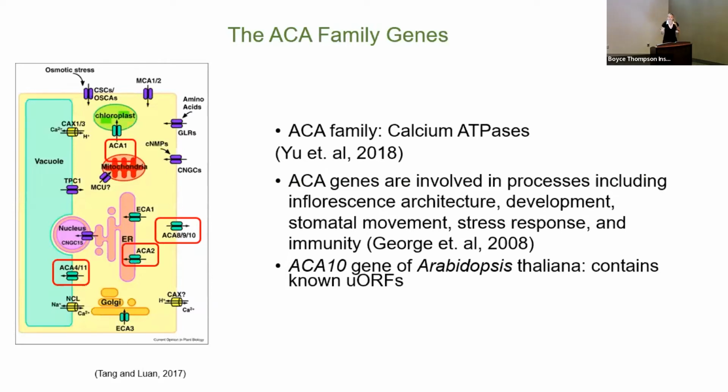They're localized in the vacuole, the endoplasmic reticulum, and the plasma membrane. The ACA10 gene of Arabidopsis, which is the gene I'm focused on in my research, is localized in the plasma membrane, and this is a cluster 4 ACA gene. It has been experimentally proven to contain uORFs, which is why it's the focus of my research.